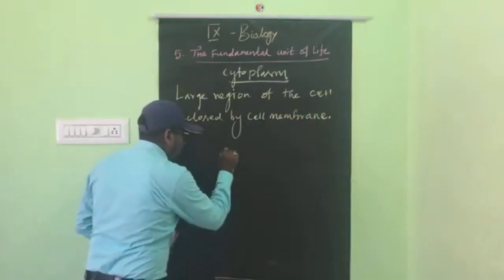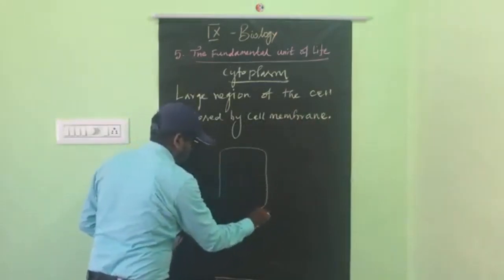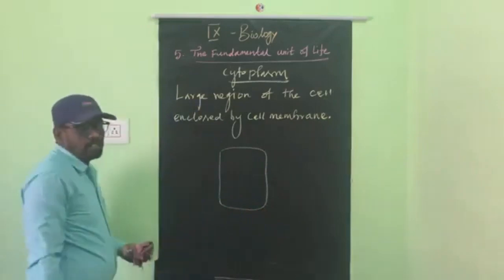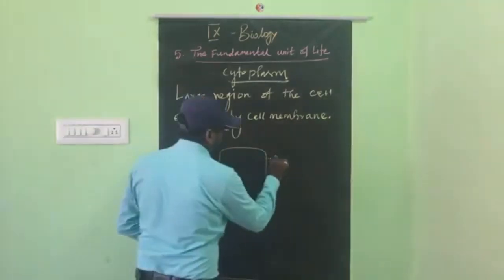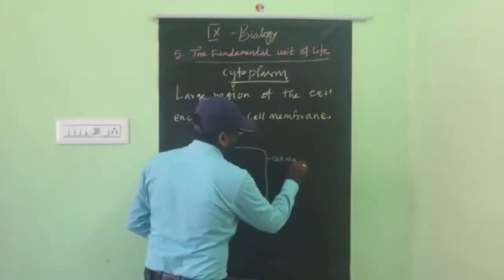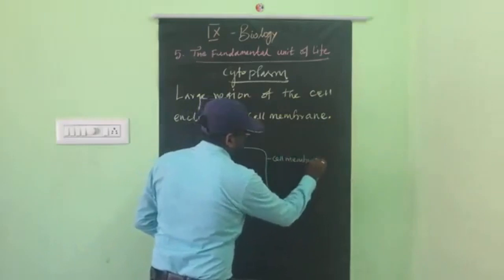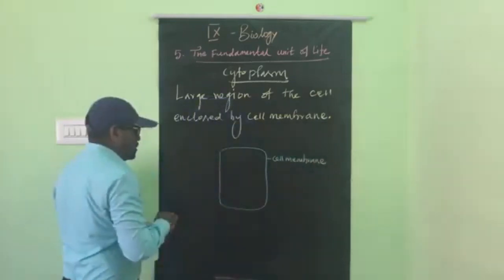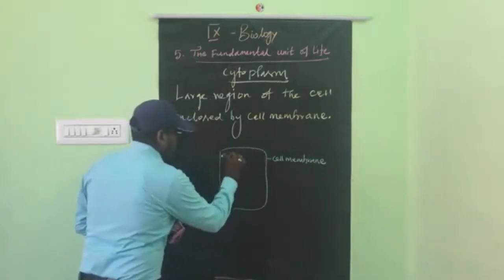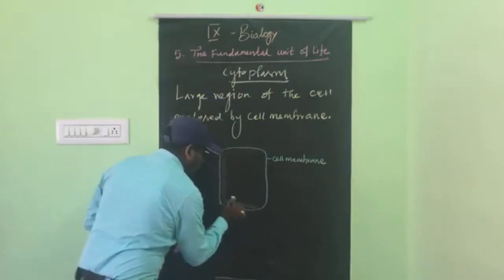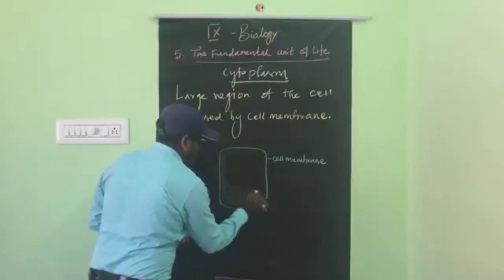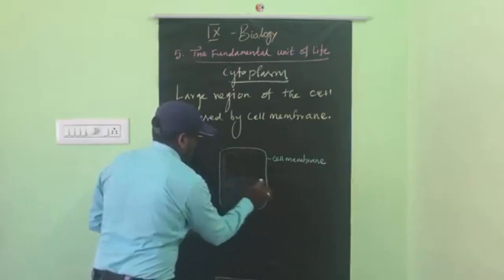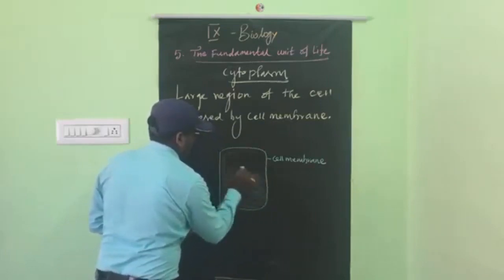The cell membrane encloses the large region of the cell. So this is the cell membrane, and inside the cell membrane, the fluid substance is called cytoplasm.